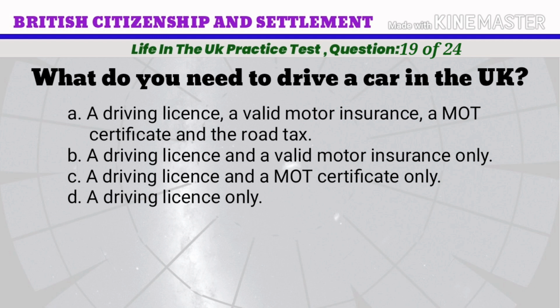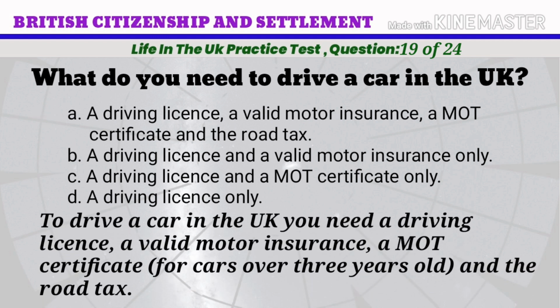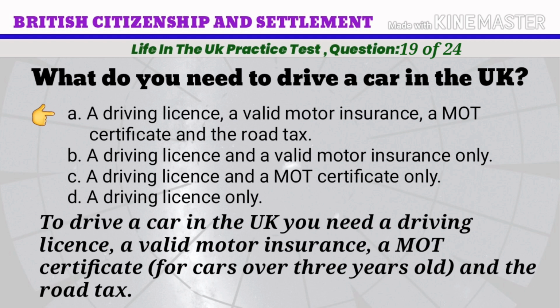D. A driving license only. The correct answer is A. To drive a car in the UK you need a driving license, a valid motor insurance, a MOT certificate for cars over 3 years old, and the road tax.